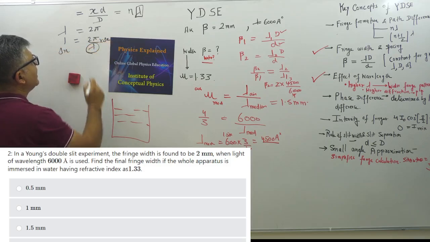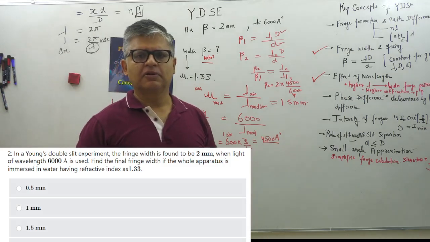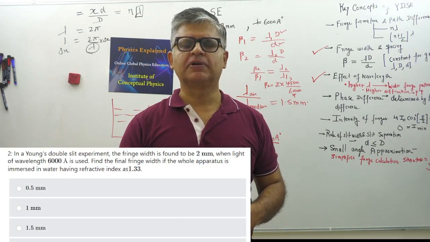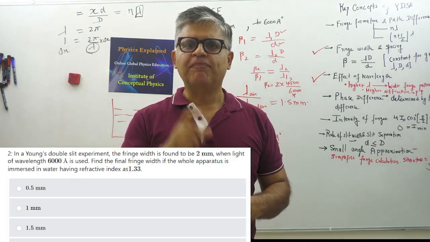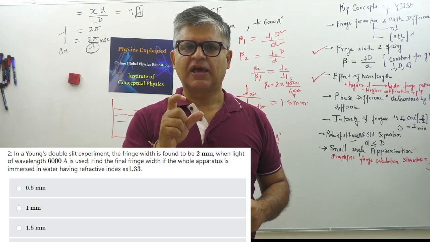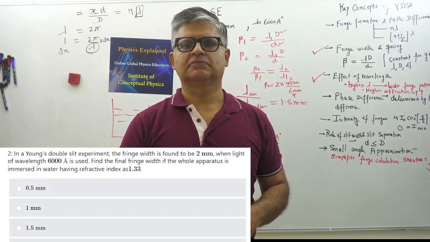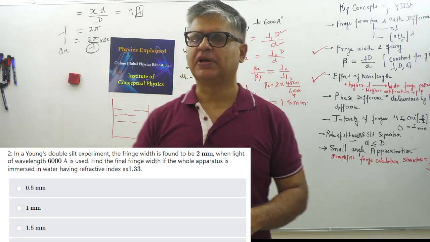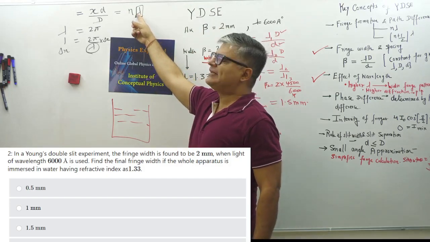Your lambda has gone down, so your phase difference has gone up, which means more waves have to be accommodated. The effective path difference has gone up because path difference is a multiple of lambda.